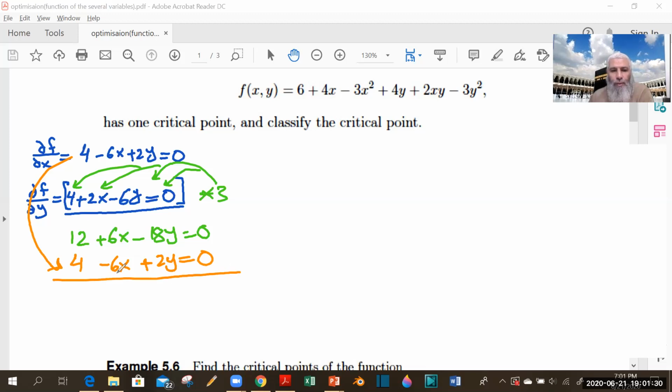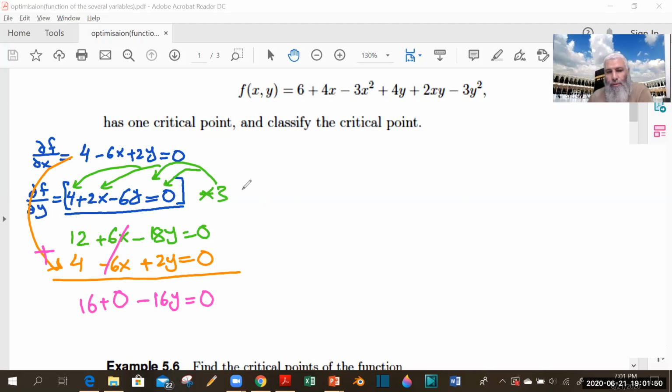6x plus negative 6x is 0. So we have here 0, this is 16 when we add these two equations, and this is negative 16y equals 0.